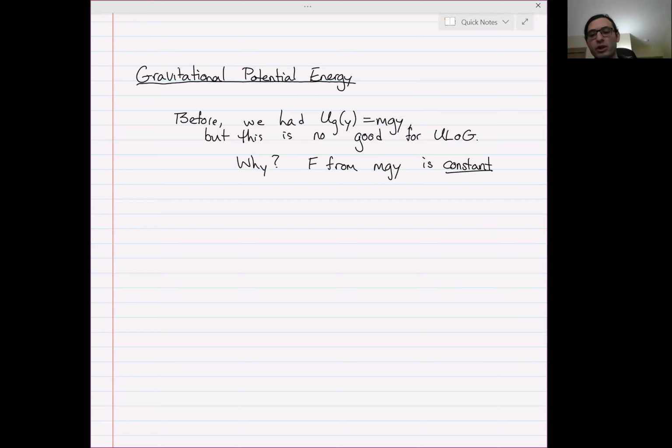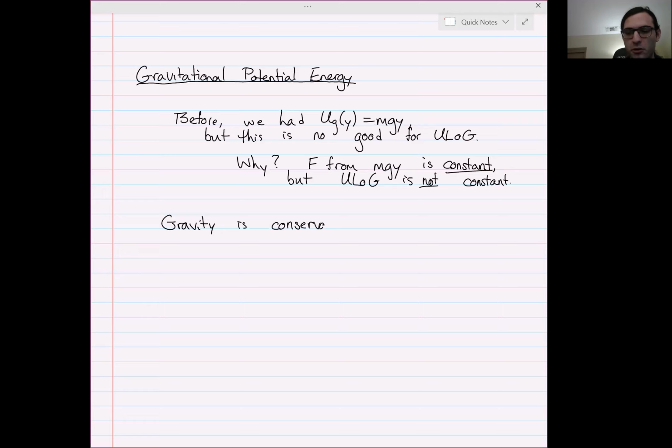Now, what we can do is what we did before when we were discussing potential energies: construct the potential energy just by doing an integral. And so we're going to do that. We're going to construct the potential energy like we typically would.